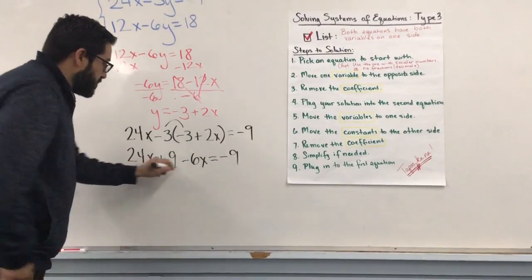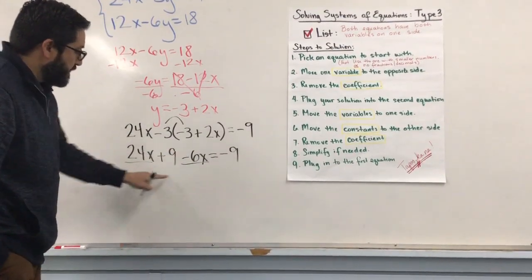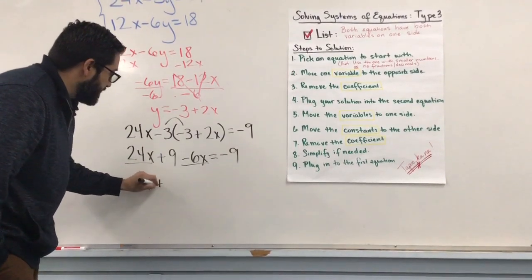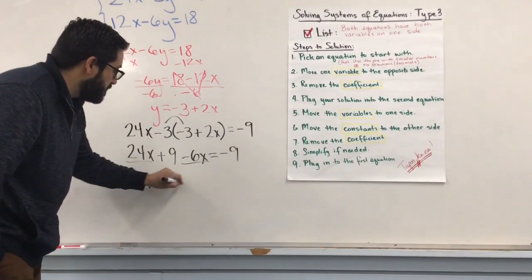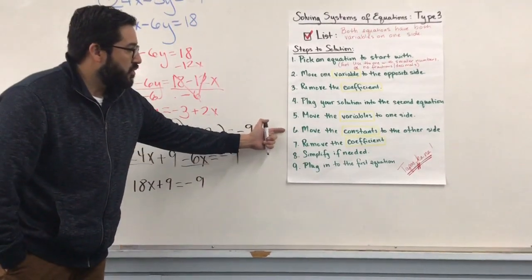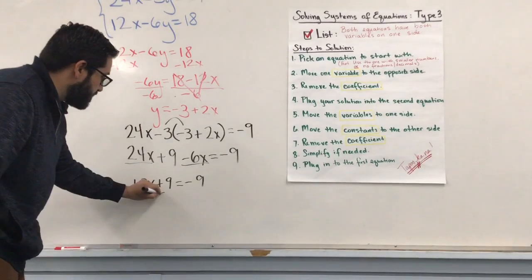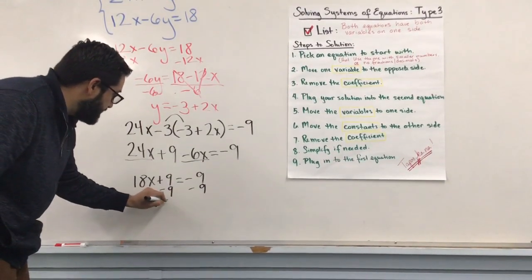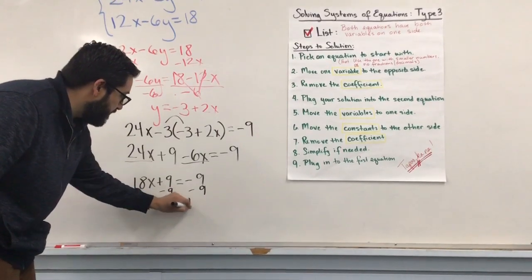Now I can combine like terms, and 24x minus 6x will get me 18x plus 9 equals negative 9. And now I need to move the constants to the other side, so I'm going to subtract 9 on this side and do the same over here, and that leaves me with 18x equals negative 18.